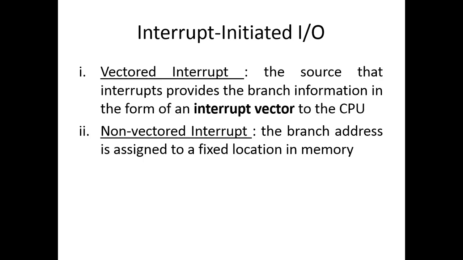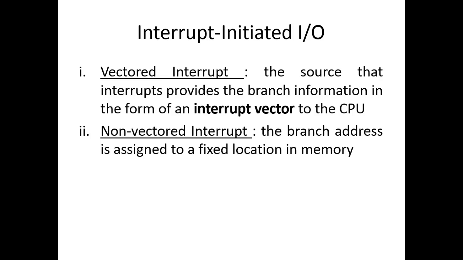In case of a vectored interrupt, the I/O device which is interrupting the CPU provides the address of the required I/O routine. It can also provide some additional control information, for example, how the CPU can go to that address. So in general terms, the branch information for the required service routine is provided by the source that interrupts the CPU.